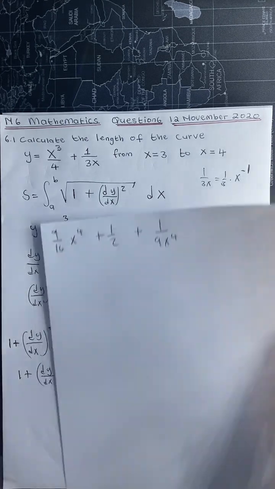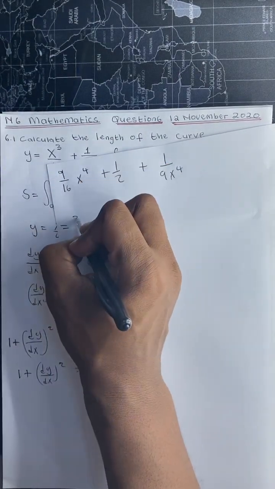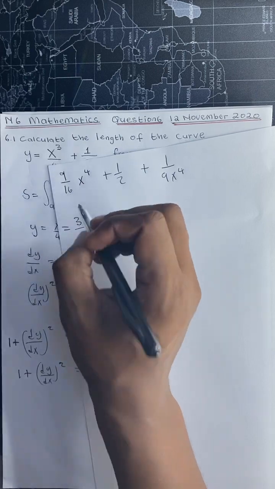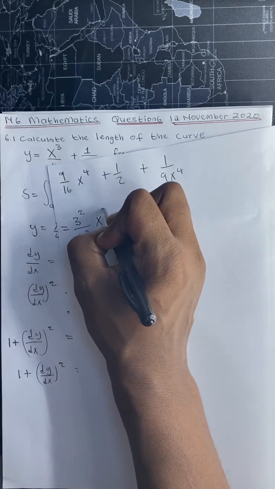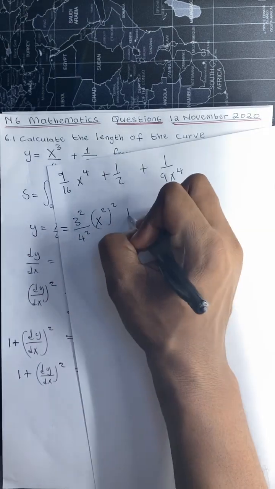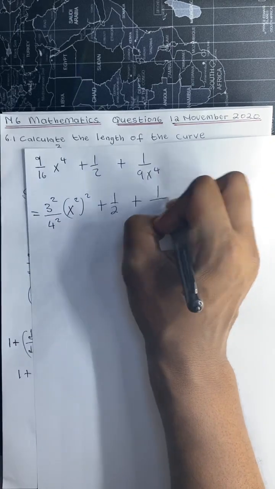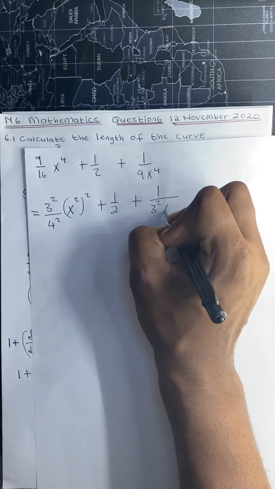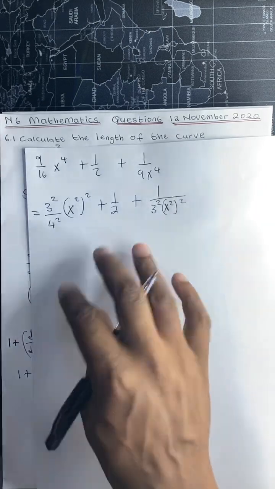So we try to factorize this, but before we do that, we break it down. So that 9 we can write as 3 squared, and the 4 we can write as 4 squared, and the x to the power 4 we can write as x squared all squared. We just leave the 1 over 2 as it is, and that 9 we write as 3 squared, and the x to the power 4 we write as x squared raised to the power 2.